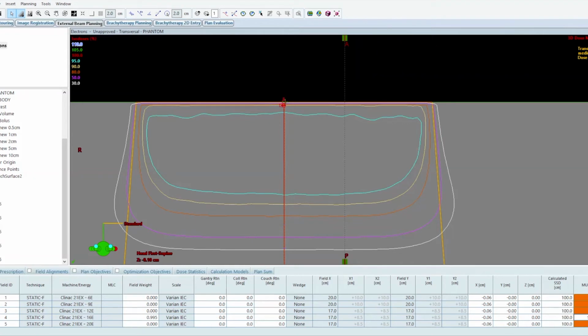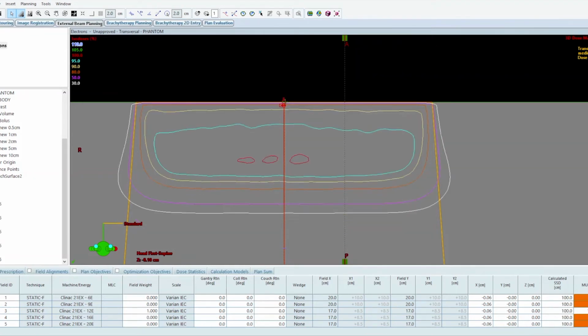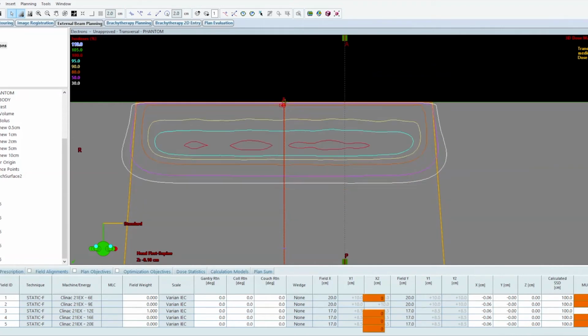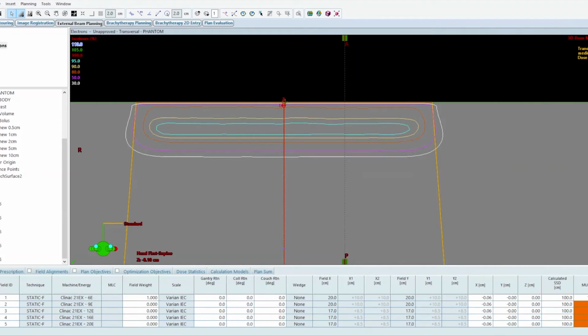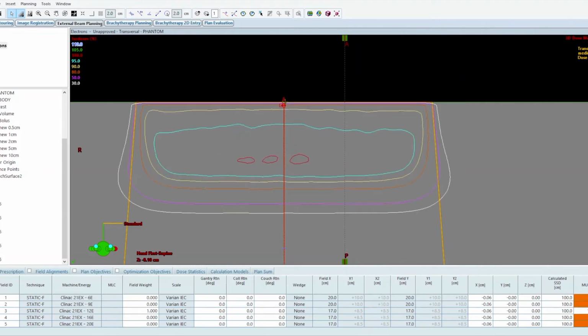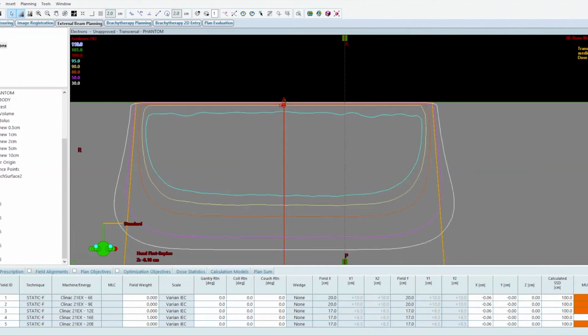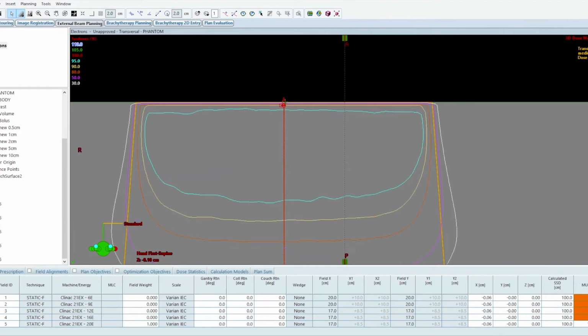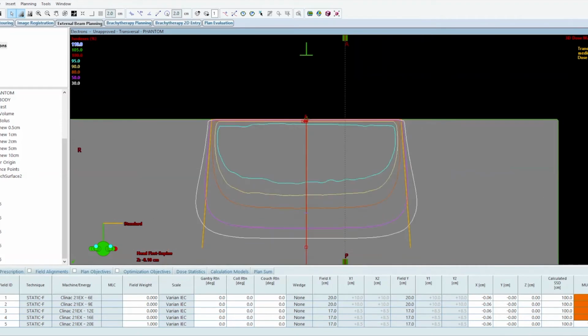Let me switch back and forth between some of these energies. So this is 16, this is 12, this is 9, this is 6, 9, 12, 16, and now 20. So let me zoom out a little bit.